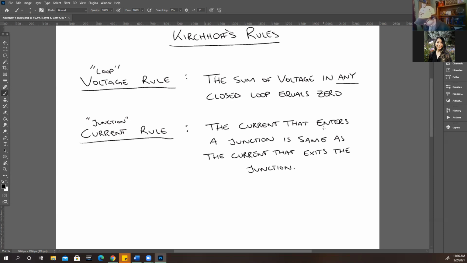All right, so the current that enters the junction is the same as the current that exits the junction. Okay.